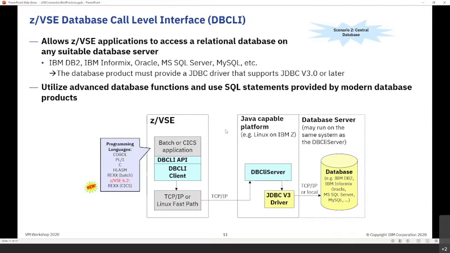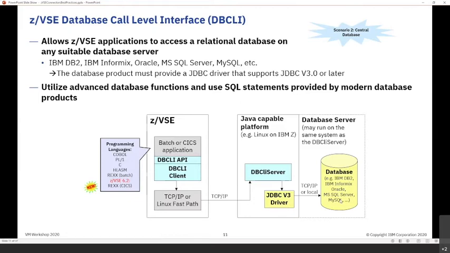It basically allows you to have a VSE application, batch or CICS, that uses the DBCLI API to invoke database services through a middle tier, through the DBCLI server running on a middle tier, through the database's JDBC driver to the database.